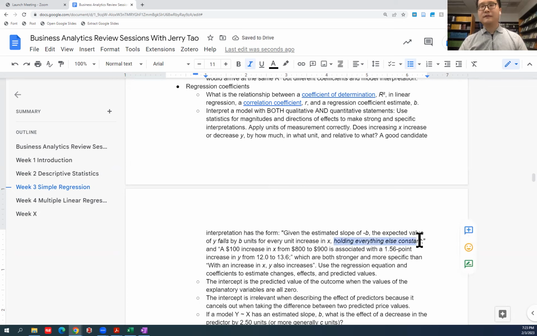This part is very important, saying holding everything else constant in a multiple linear regression model, because we do have more than one predictor.